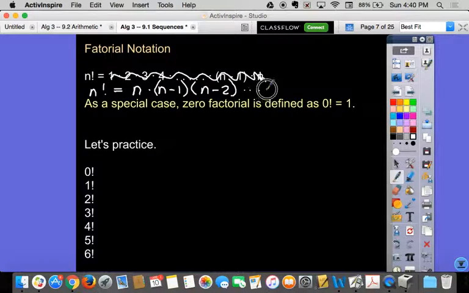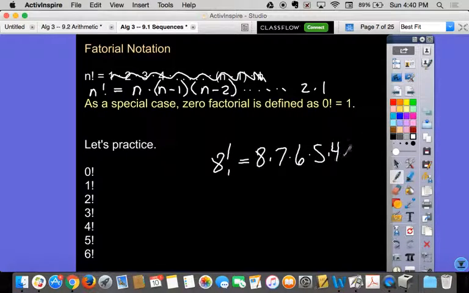You break it down until you get to 1, but it's the product of all of those terms or digits. So basically, if I'm telling you 8 factorial is 8 times 7 times 6 times 5 times 4 times 3 times 2 times 1. So whatever this number is, you write it here, and then you just start multiplying all the way down, okay?